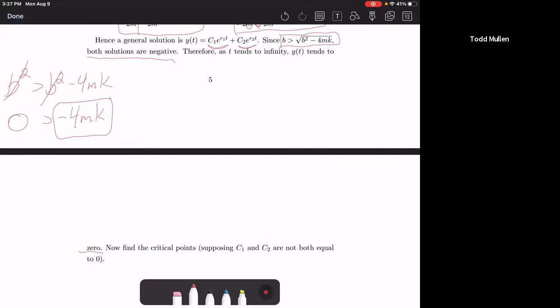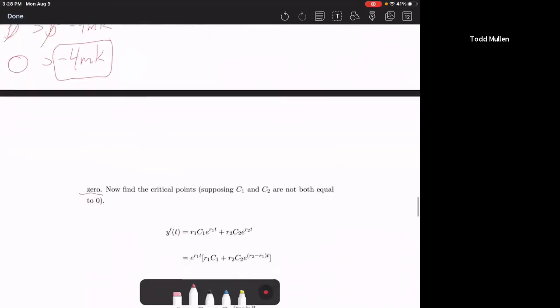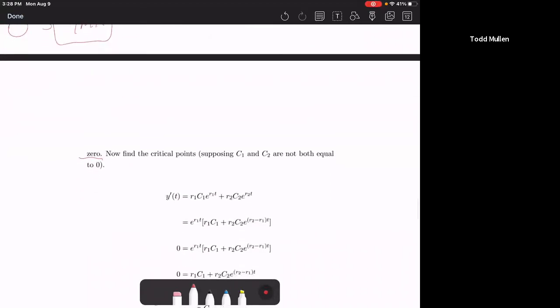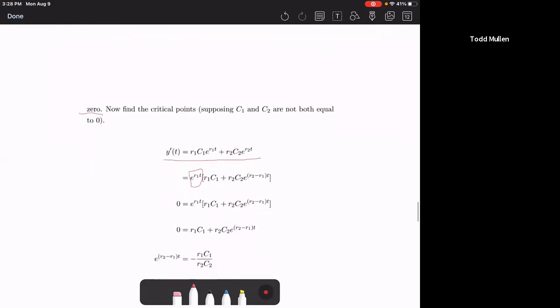Now we're going to find the critical points, supposing c1 and c2 are not both equal to 0. If c1 and c2 are both equal to 0, our solution is just y equals 0. So for critical points, you have to take the derivative. And then we're going to try to simplify this derivative as best we can. We're going to factor out an e to the r1 t and set it equal to 0.